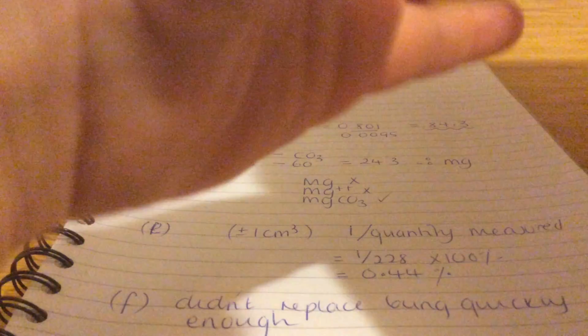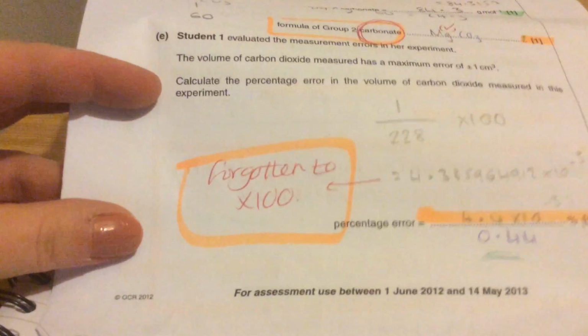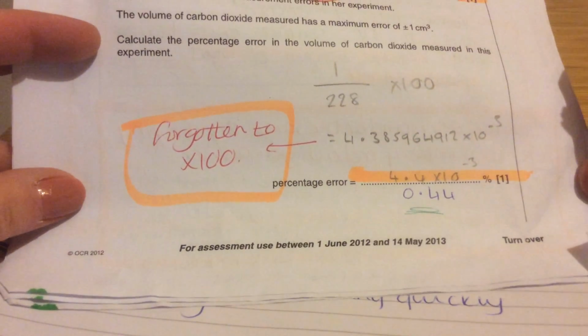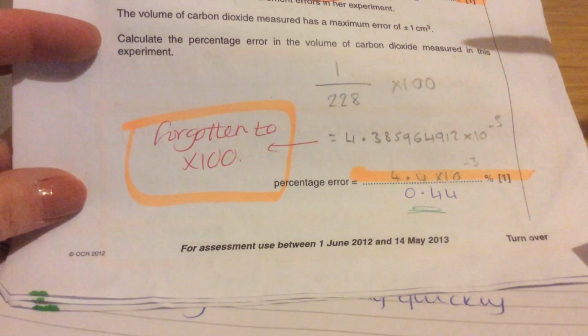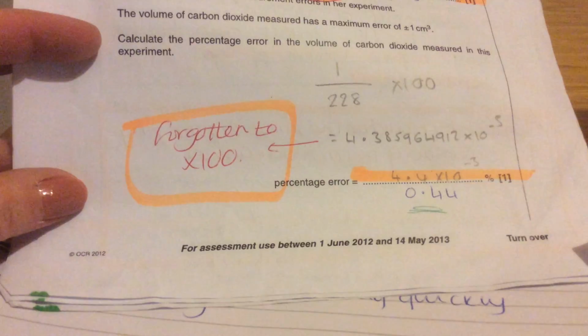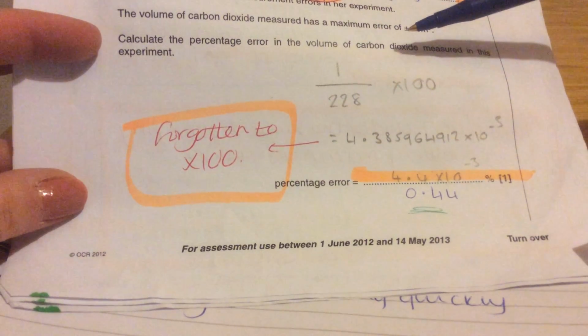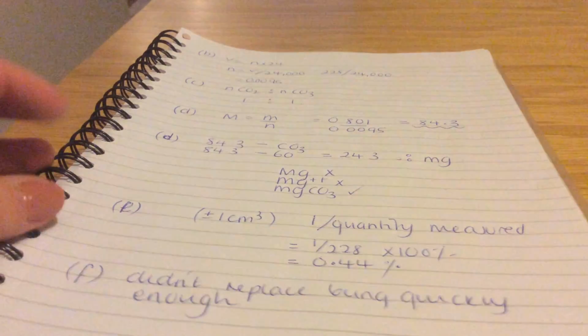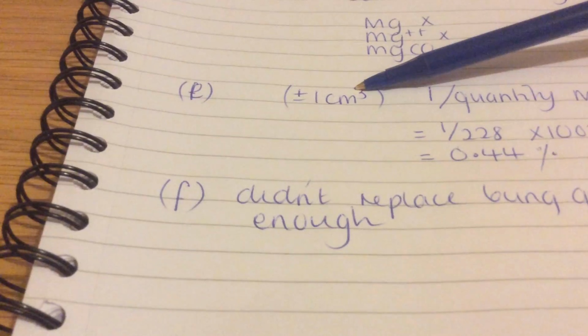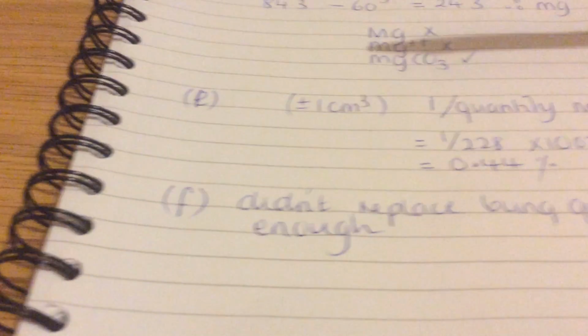The next question is a question on errors, and these questions are getting more and more frequent. Calculate the percentage error in the volume of carbon dioxide measured in this particular experiment. Now, the volume of carbon dioxide that we measured was 228 centimetres cubed. So we have to look at what our error is. It's plus or minus 1 centimetre cubed. It gives us that information in the question.